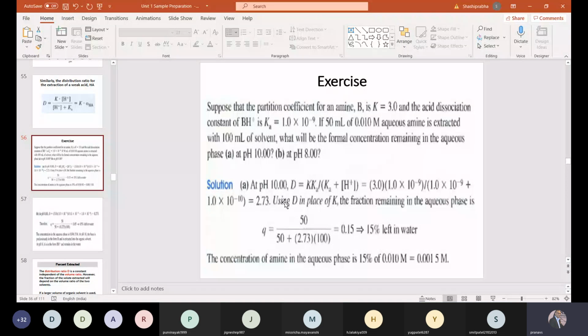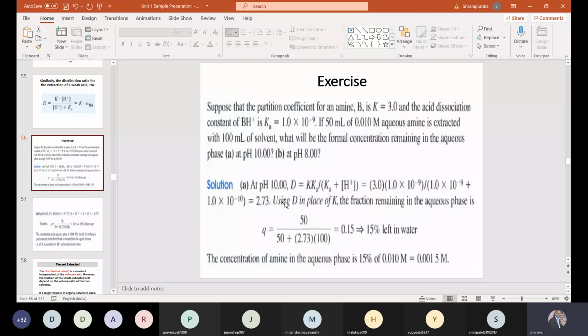Partition coefficient, K, is an expression where we are dealing with a substance which is neutral, unionized. When a substance is unionized, there is more chance of it getting extracted into the organic phase, and thereby one can have high partition coefficients.